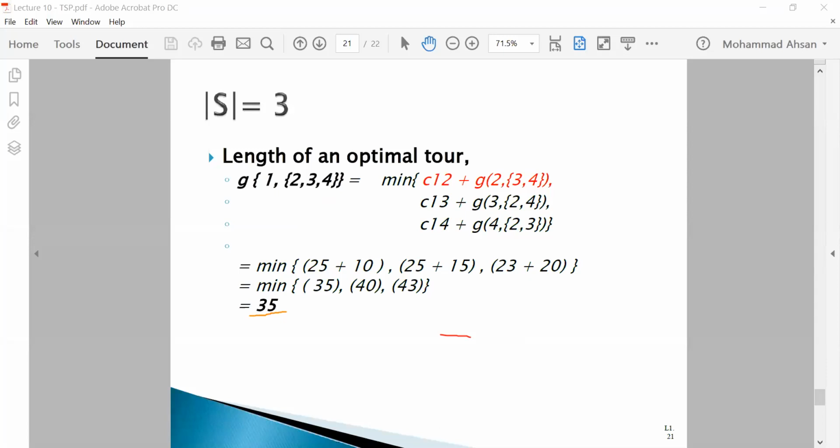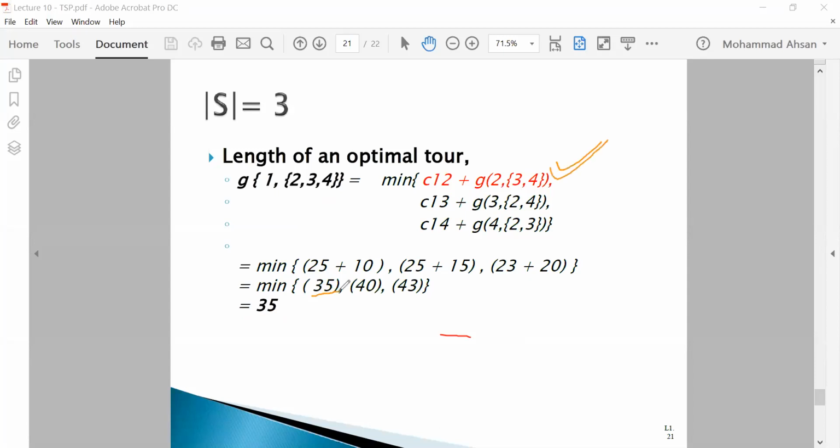But what is the path actually and how can we find it? So we have to trace the path back from our solution. So I have highlighted where the least cost came from. This 35, it came from this one.